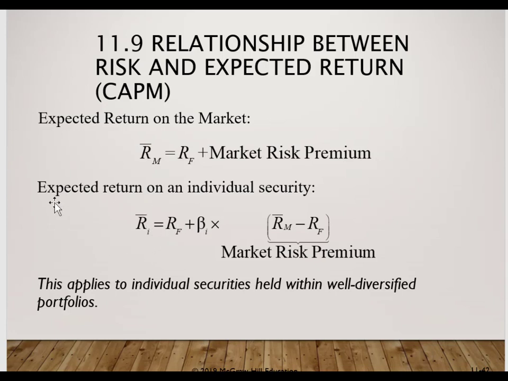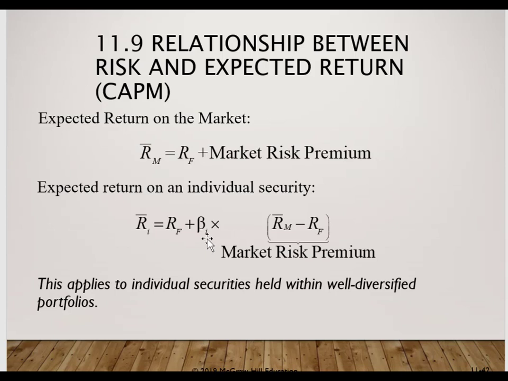So how would you find the expected return of an individual security? It's the risk-free return plus the market risk premium, but now we can identify something inside this sector. Remember, the return on the market is like a group. How do we identify an individual in that group? Well, that individual has a beta.